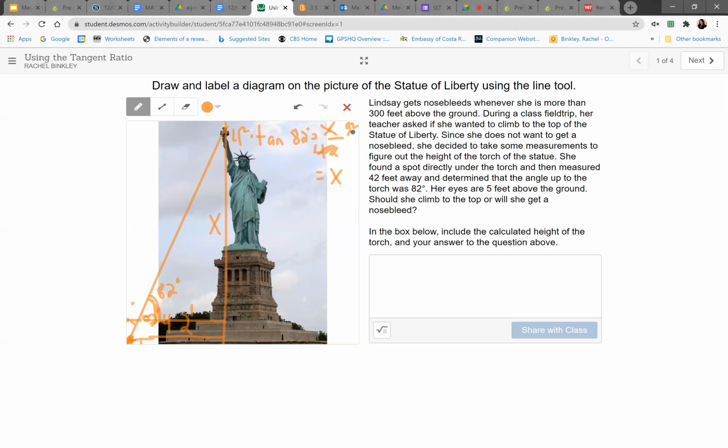And now we're going to need the calculator. Since I have an angle measurement, I don't need to use the inverse. I just use the regular tangent. So I literally just have to put in, since there's no variable there, 42 times tangent, which is above the 9, 82.